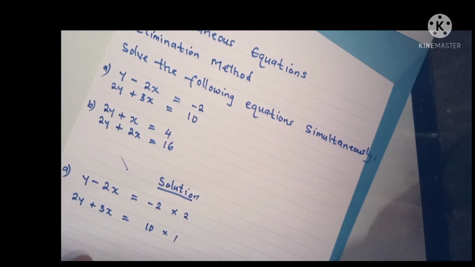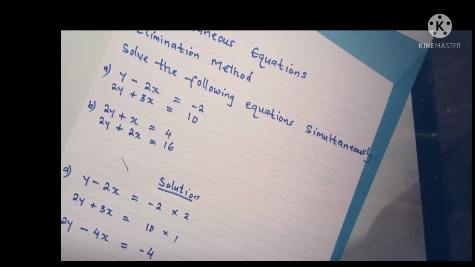So we're going to multiply through this equation with 2. Now 2 times y, 2y. Remember the coefficient of y here initially is 1. So 1 times 2 gives 2y. Then minus 2 times 2, minus 4x equals minus 2 times 2, minus 4.